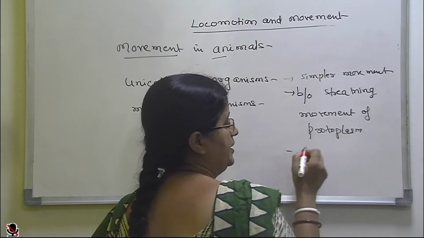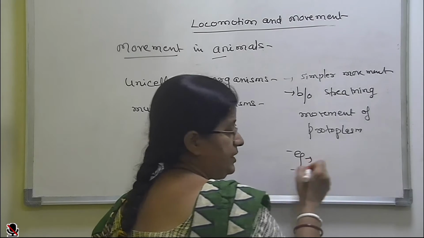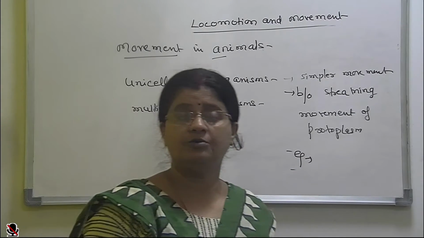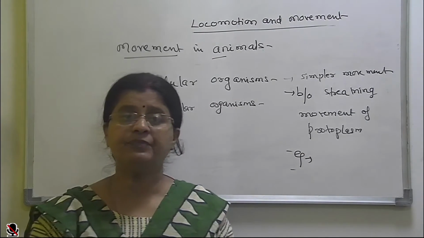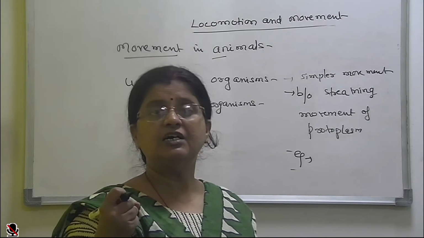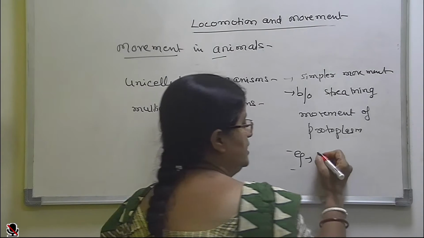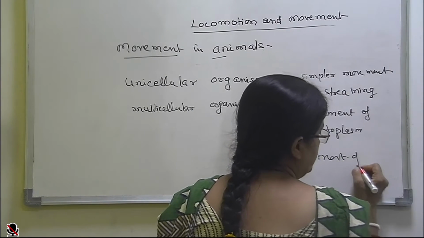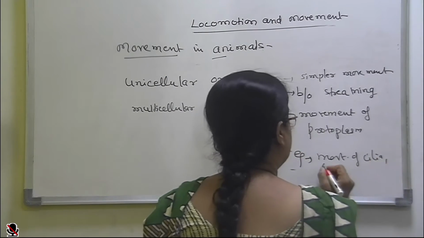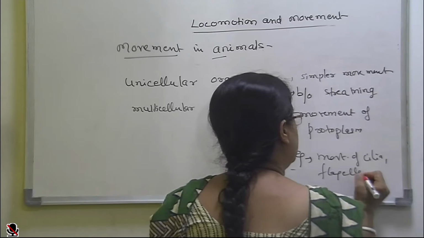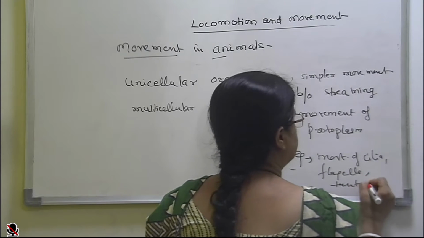Examples of movement in unicellular organisms are movement of flagella, cilia and tentacles.